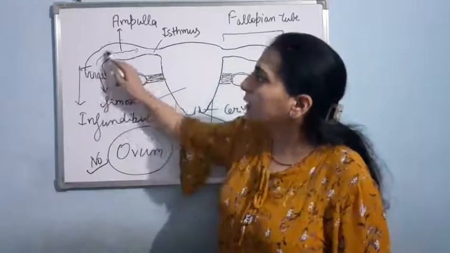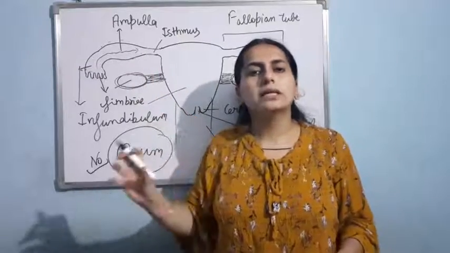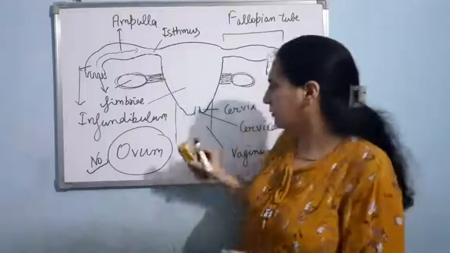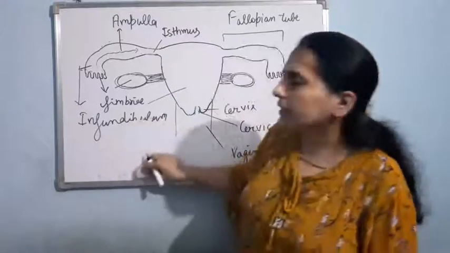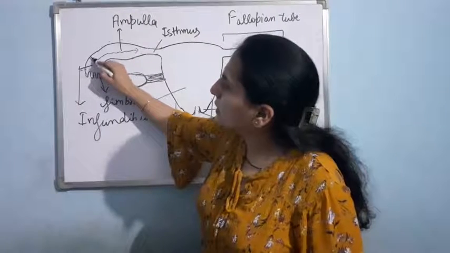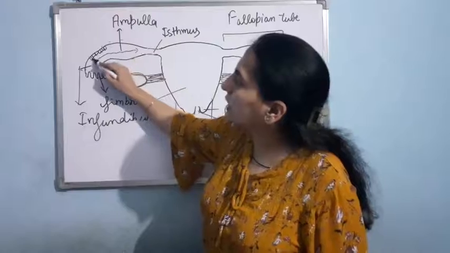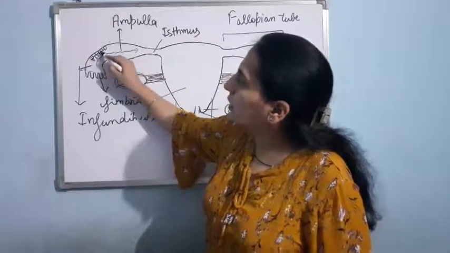Actually, in the fallopian tube, ciliated columnar epithelium is present. This you have done in class 11. In the fallopian tube, cells are present, and these cells have cilia. Now what will happen?